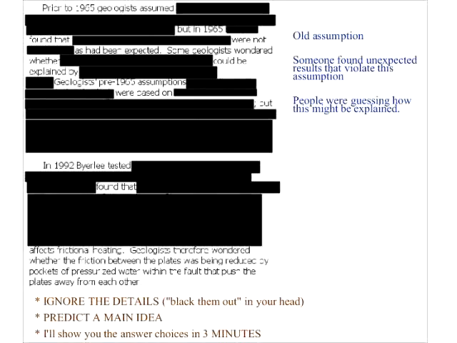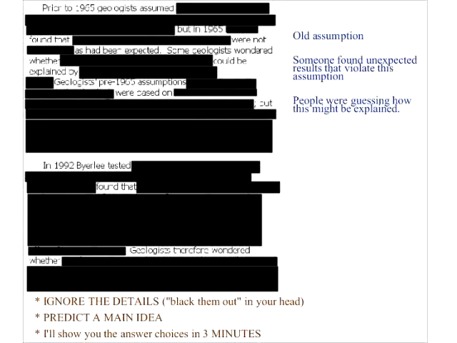That's all specifics. And then geologists therefore wondered whether something. So it's all still, I mean, you've got some sort of relevant results. I mean, presumably having to do with the surprising results in the first paragraph.